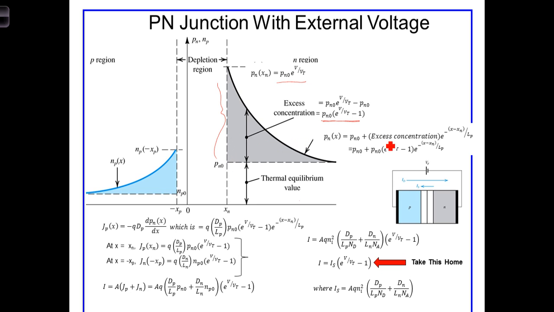Or here's the initial value, the excess concentration, times this e to the minus x minus x sub n over L sub p. So this exponential term is the dying out portion as a function of x away from the depletion region.